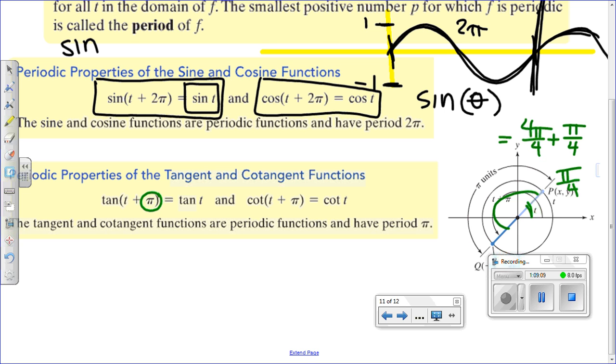So how many pi over 4s do we have? 5 pi over 4. So this angle right here, which is 5 pi over 4, is going to have the same tangent value. What was the tangent of pi over 4? The easiest of all. 1. So what is the tangent of 5 pi over 4? Also 1.